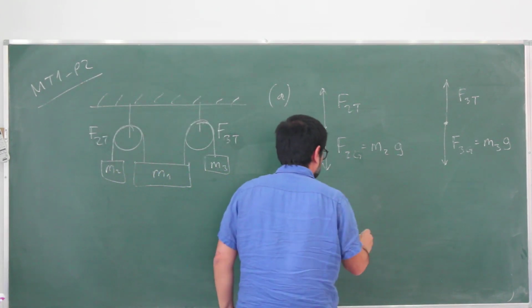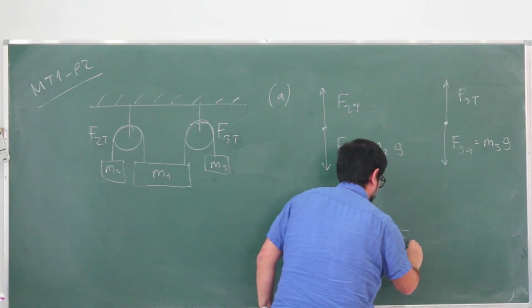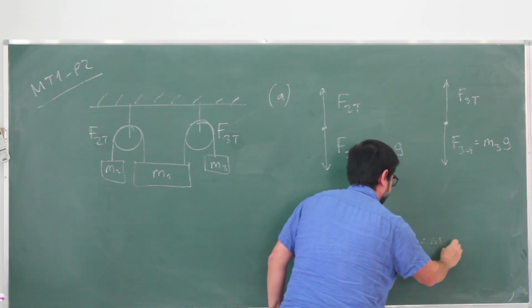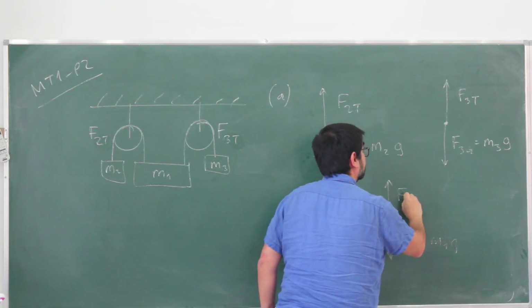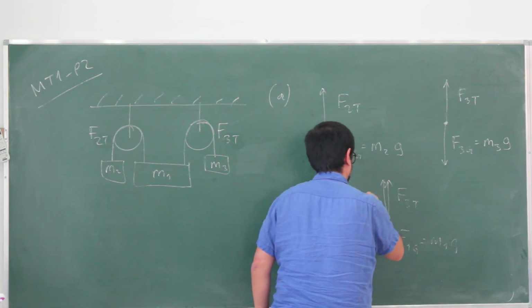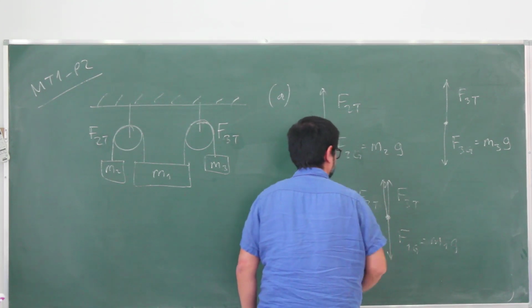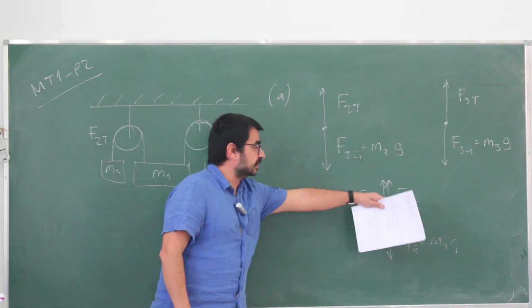Now for M1, it's a bit more complicated, but not too much. There is F1G, which is M1 times G. There is F3T and F2T pointing upwards. Again, these are not necessarily equal to each other.